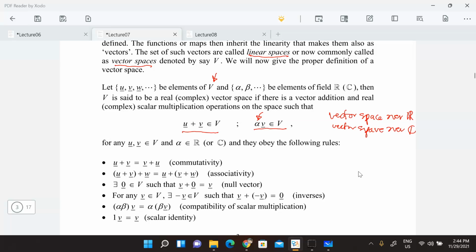One could, in fact, generalize this idea of R and C, but I will not go into that because that might cause some confusion. There are other things besides real numbers and C to be your scalars. So you can define a vector space over some more general, what we call a field.